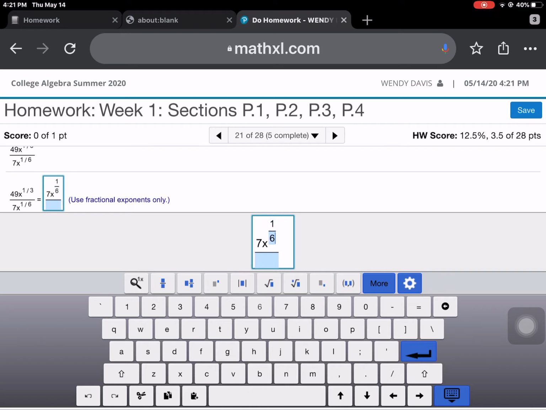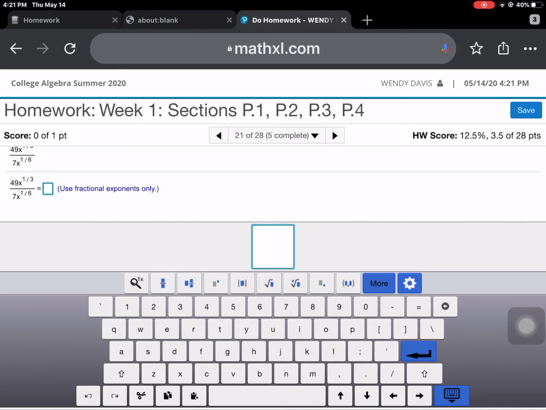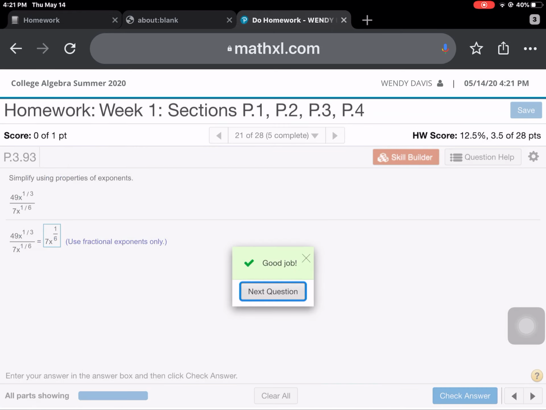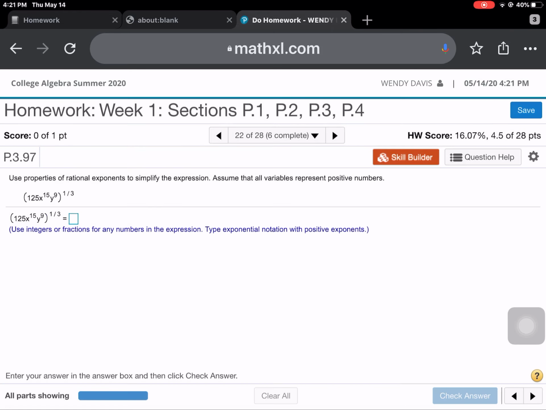Okay, you subtract here. Okay, actually I didn't need a fraction because the 1/3's higher on top. Okay, so this is just 7x to the, I need an exponent. Now my exponent needs to be a fraction. Okay, so you do the exponent first and then the fraction.